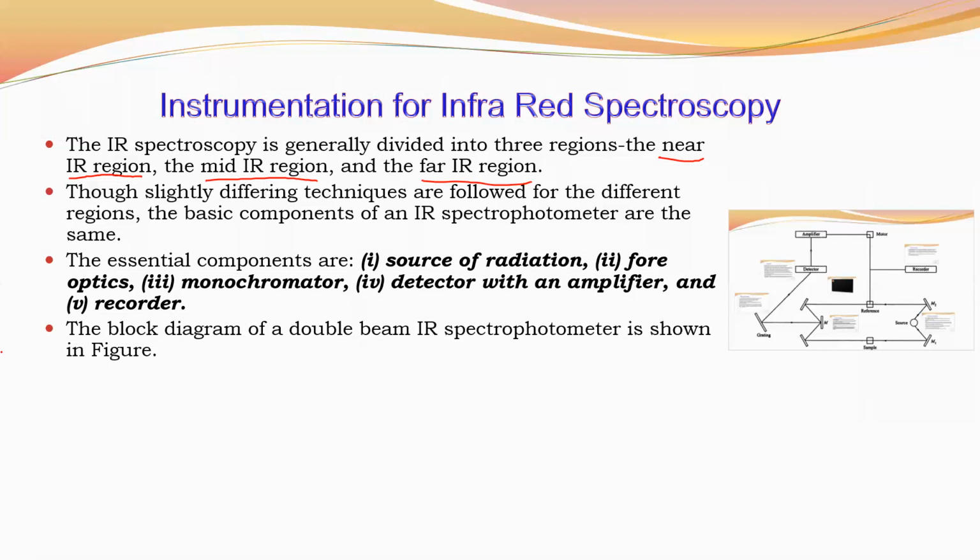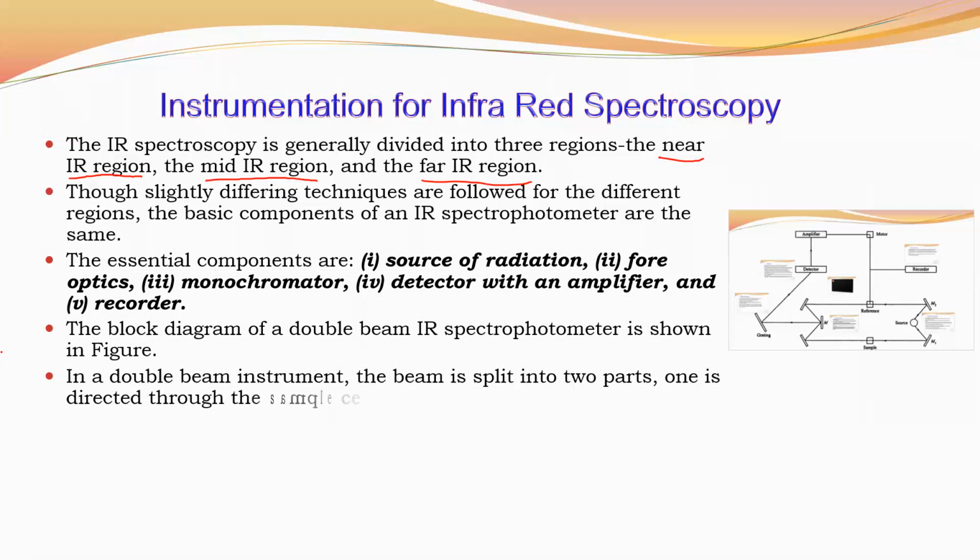The block diagram of a double beam IR spectrometer is shown in the figure. In a double beam instrument, the beam is split into two parts, and one beam is directed towards the sample and the other is going through the reference cell.